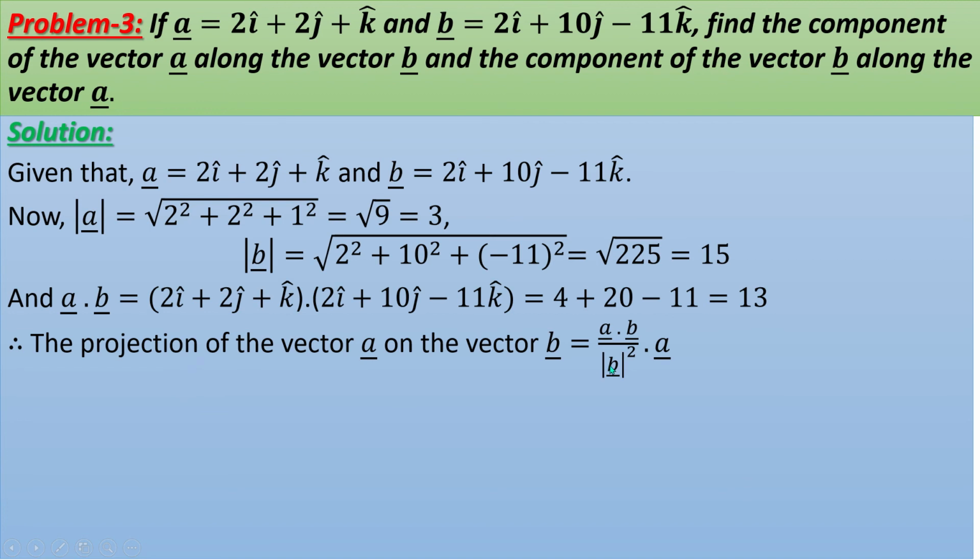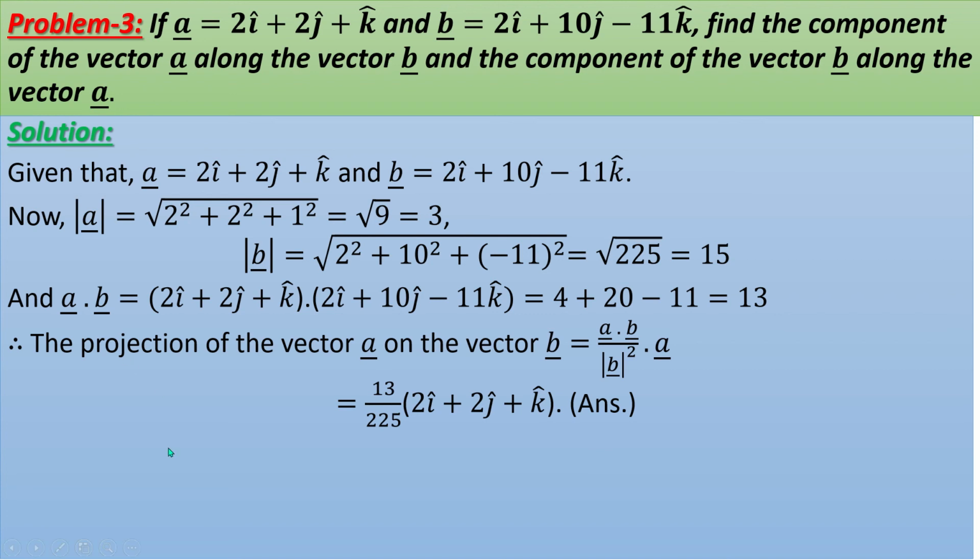The formula will be this: A dot B is equal to 13, and this you can write as whole square, so here it will be 2 to 5. That means 13 divided by 2 to 5, but A vector is equal to 2i plus 2j plus k. This is the required answer. Clear? Math is very easy, you just have to know the formula.